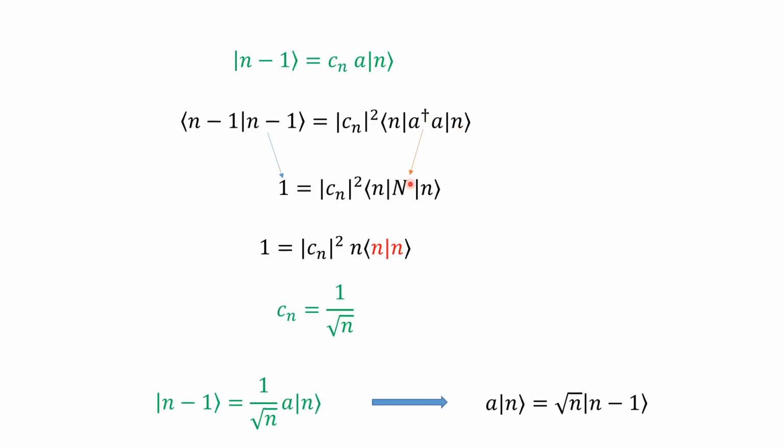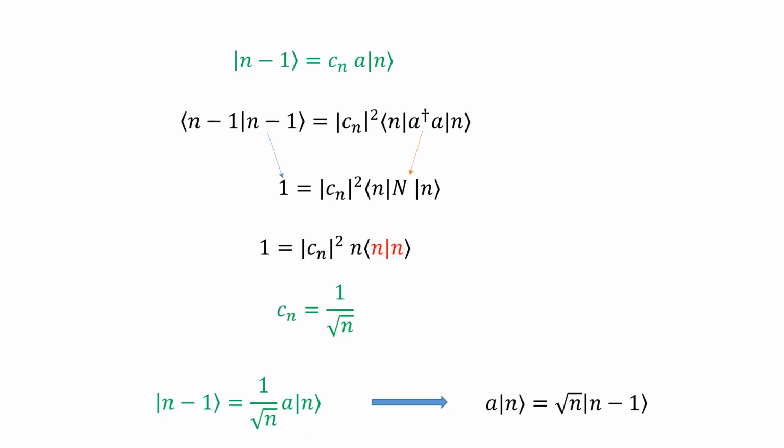So here A dagger A is n, we know very well. n is a number you can take. When n acts on ket n, you will get the eigenvalue of n, small n. So this will become Cn modulus squared n into the inner product of n with n, which is equal to 1. So Cn modulus squared will become 1 over n if you bring this n to the left hand side. That means Cn is equal to 1 over square root of n.